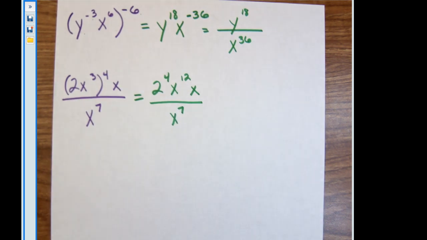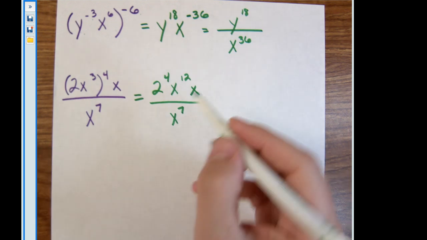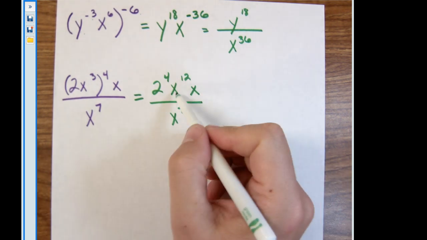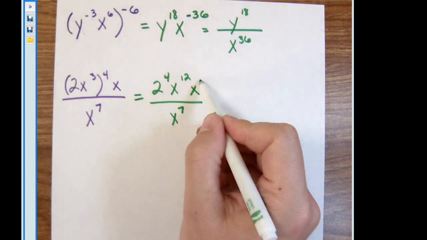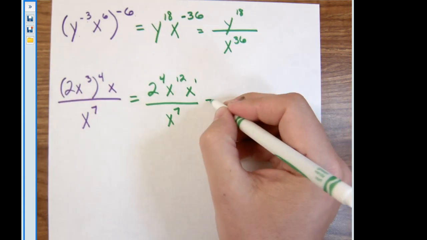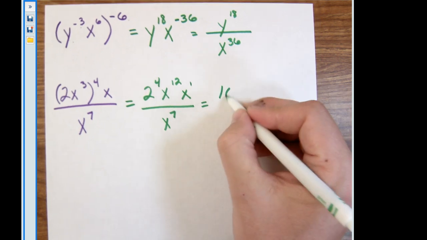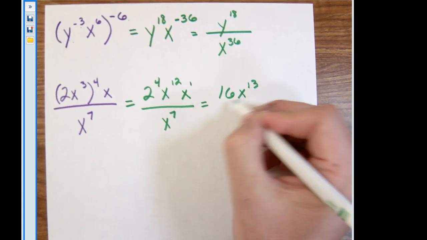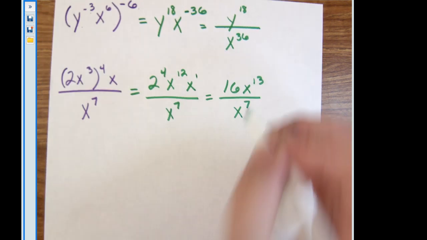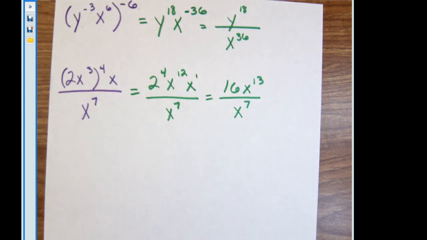All right, what I'm actually going to do next is, this is product of powers, x to the 12th times x to the, there's a little 1 right there. So 2 to the 4th is 16, x to the 13th over x to the 7th. And you were talking about this on the last problem. You said, oh, reduce it.